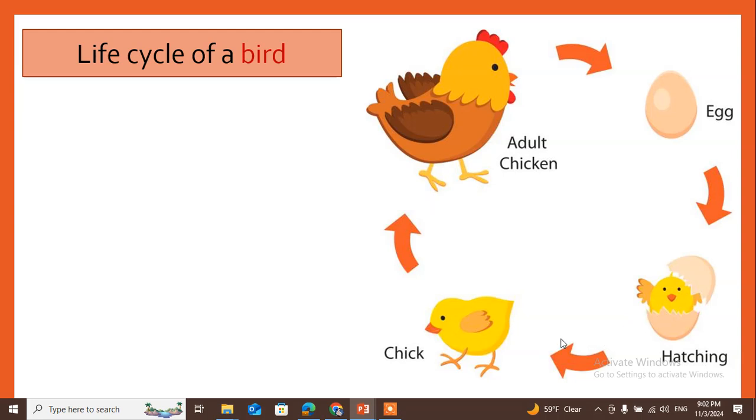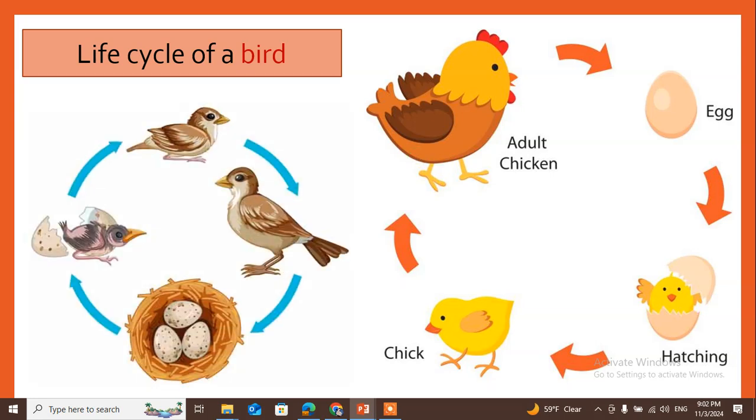Now, it continues to grow to be an adult chicken. Adult chicken means it can reproduce again. What does reproduce mean? It means they make more living things or make more animals of the same kind.